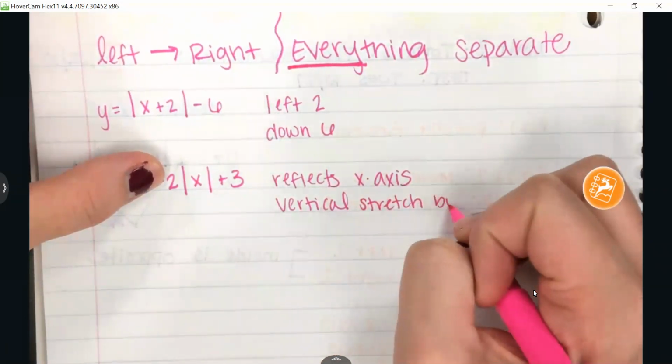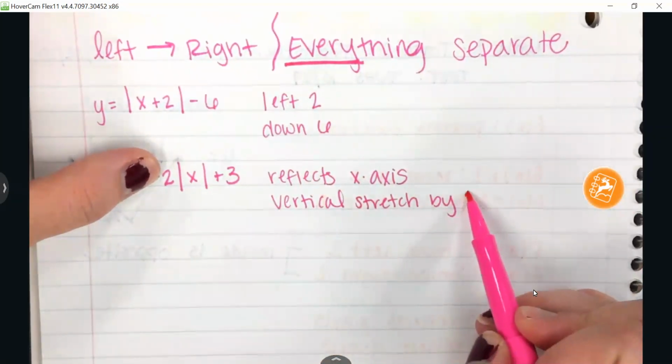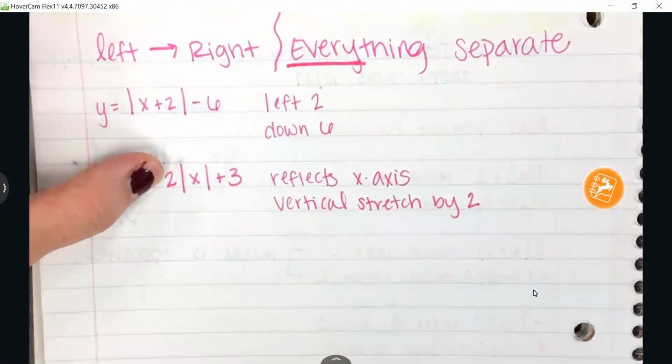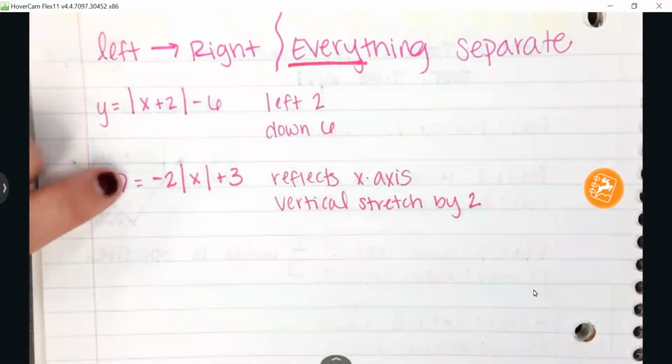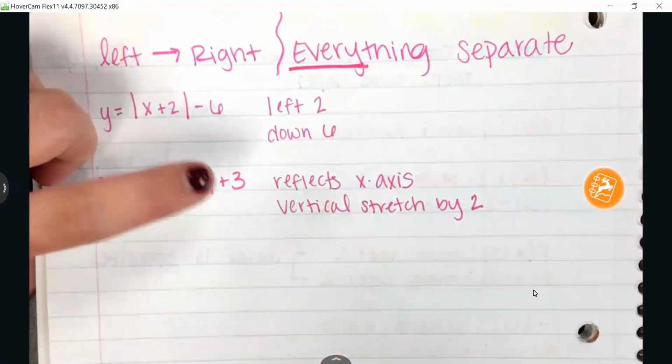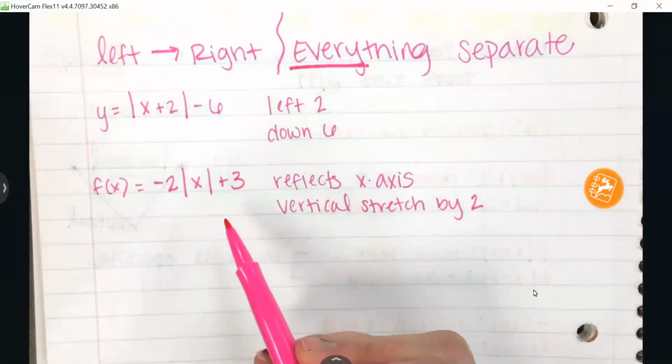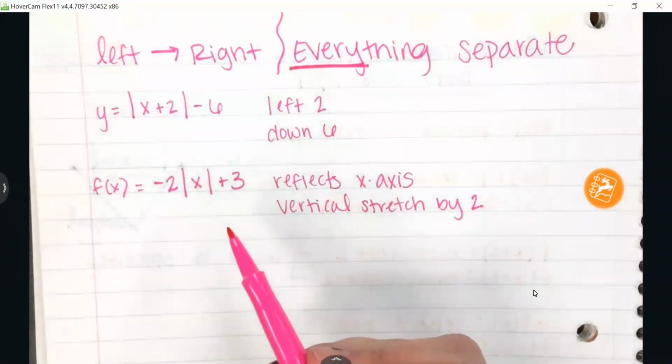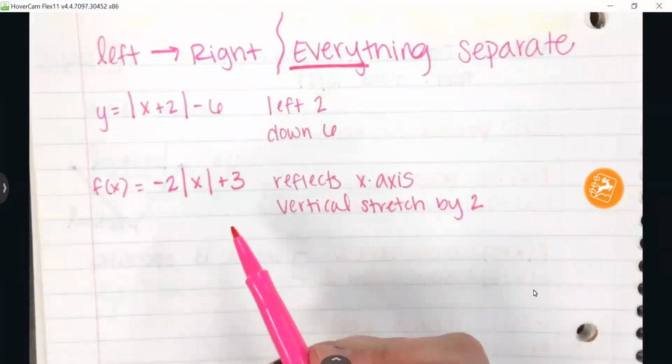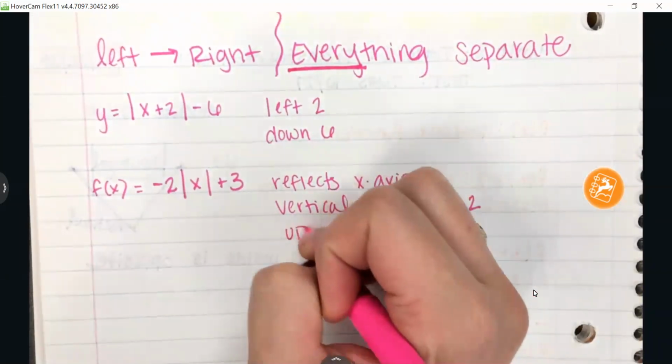What is it a vertical stretch by? By the number 2. Now, if I keep going across, I see a +3. Is that +3 inside or outside? Outside. Outside can only move up or down. Which way is that +3 moving? Up 3.